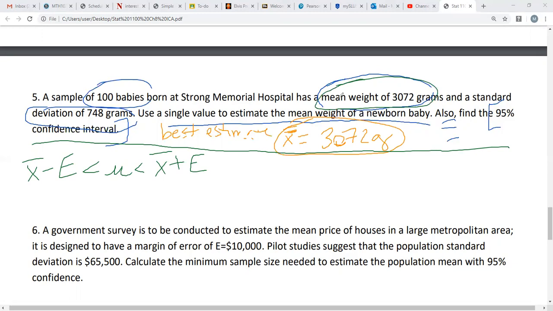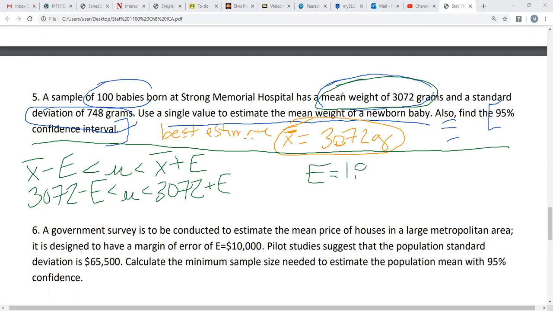So I'm going to take that 3,072 minus e, and then that 3,072 plus e. So now we're left having to calculate a value for e so that we can actually figure out the bounds of our confidence interval. Remember that e, or the margin of error, is 1.96 times the standard deviation over the square root of n.